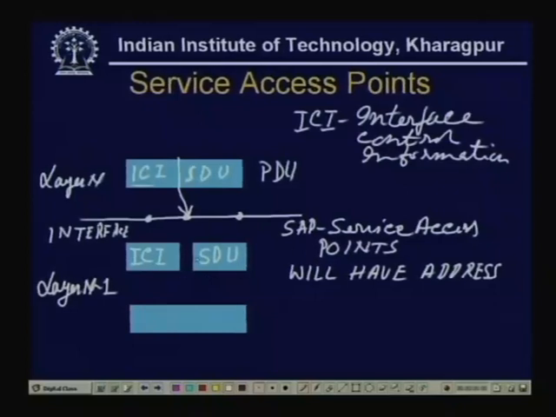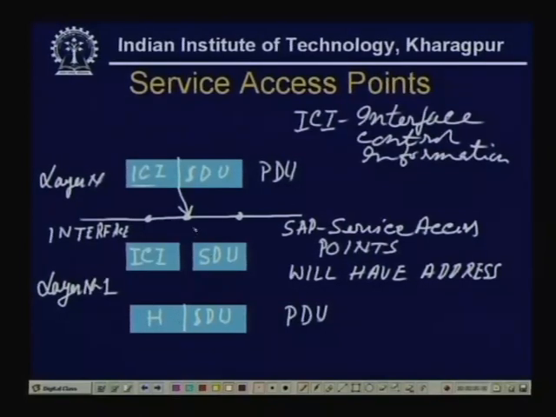Then the SDU can be divided into several parts. For example, here there is one part and that SDU will be included into another protocol data unit, PDU, and this layer N minus 1 will add some header to it.